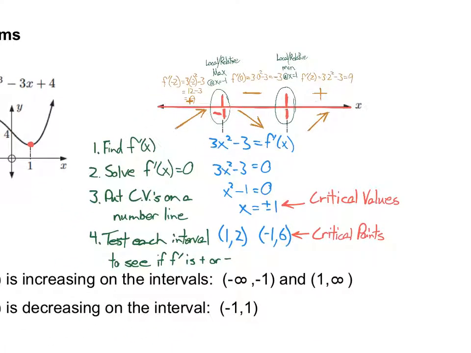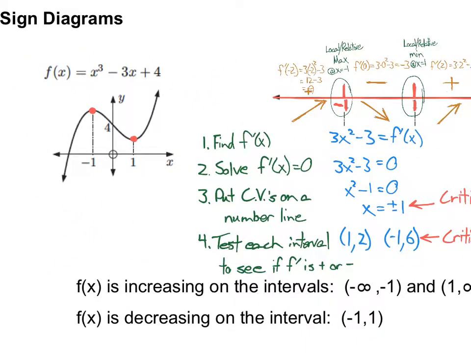Now, the reason why that's helpful is because now, even if this weren't drawn for me already, I know that, hey, to the left, I have to be increasing as I approach this -1, and that's going to be a max because then I start decreasing until I get to 1, and then it starts to increase again.